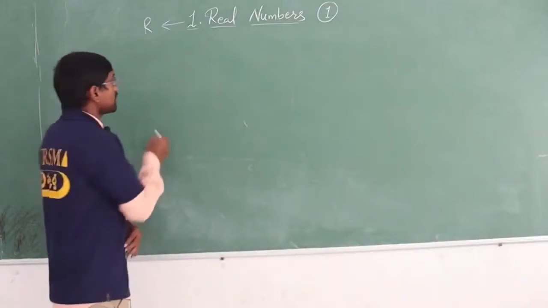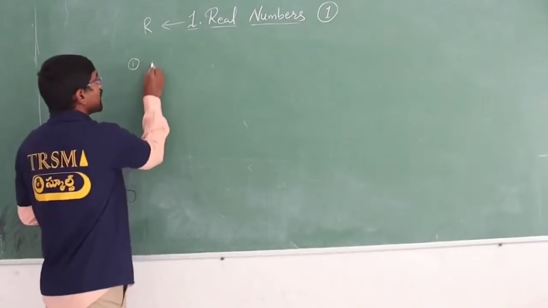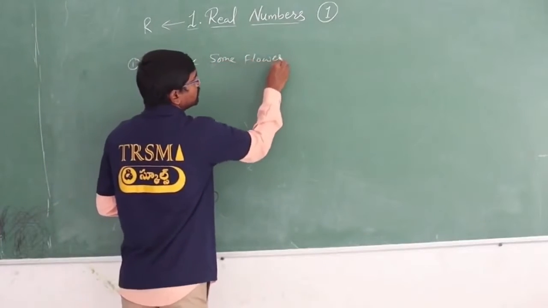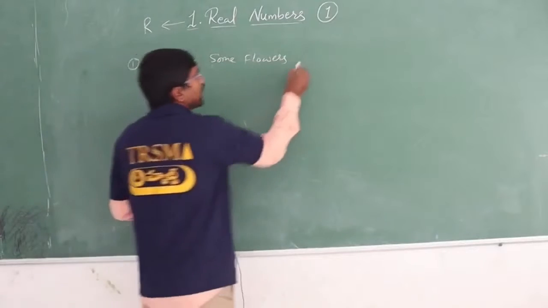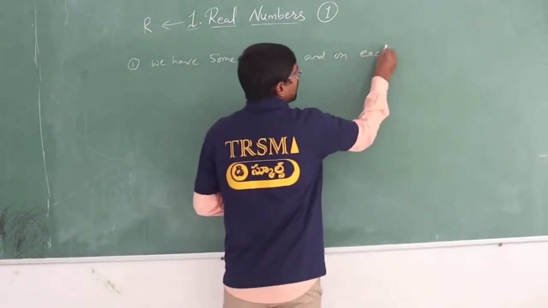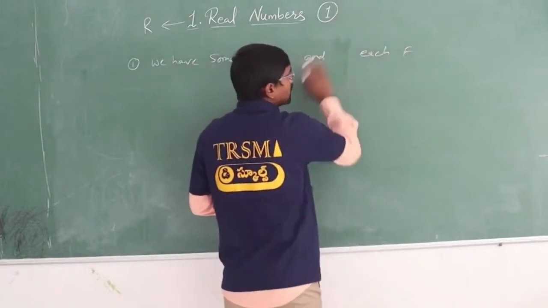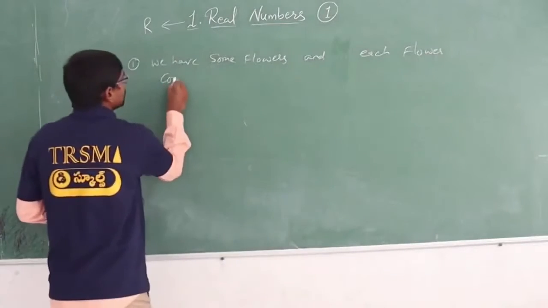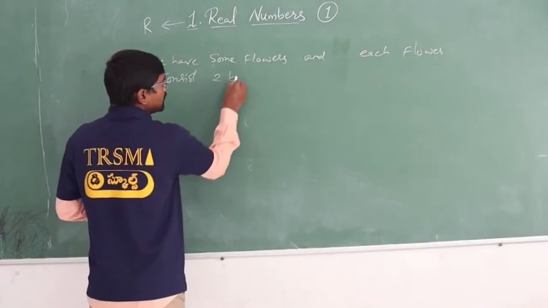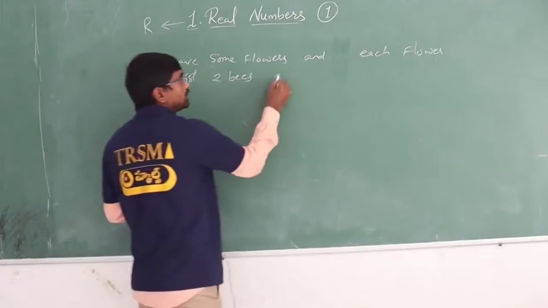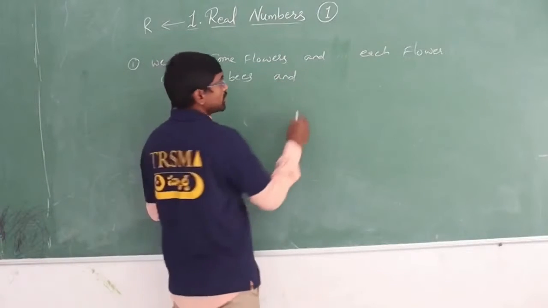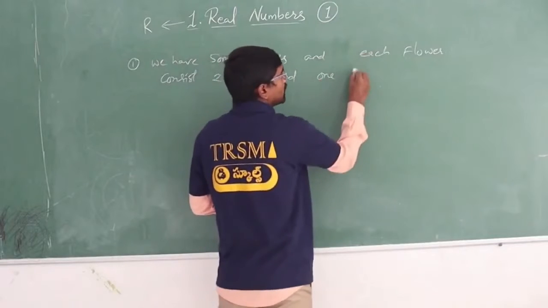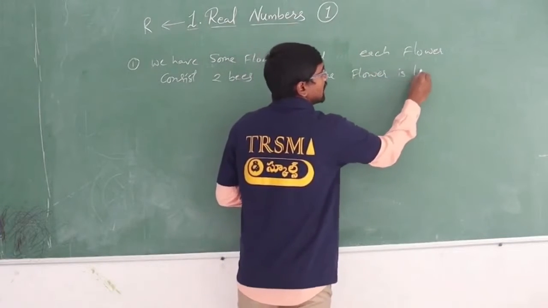Now I give you one question. In a garden we have some flowers, and each flower consists of 2 bees, and one flower is left.